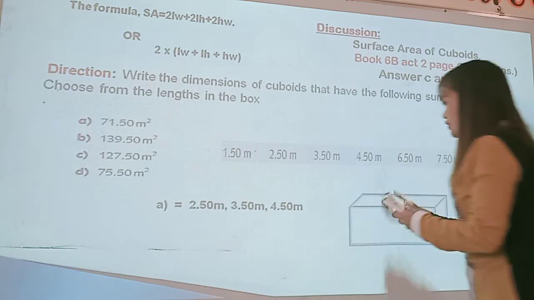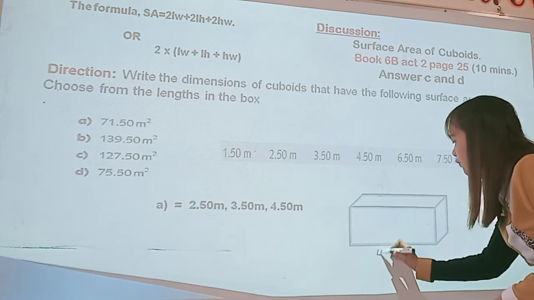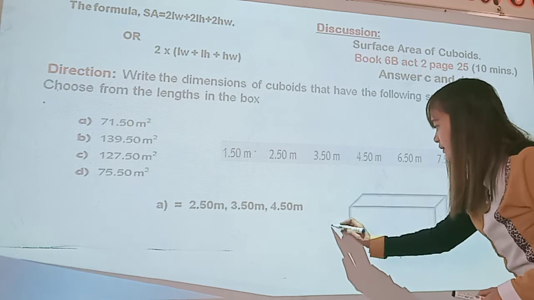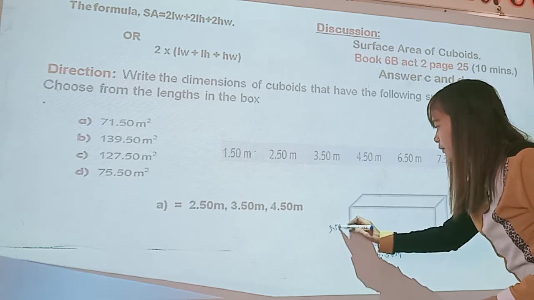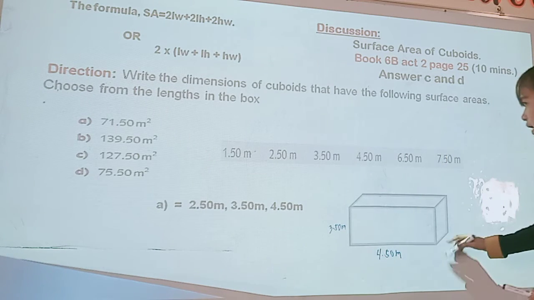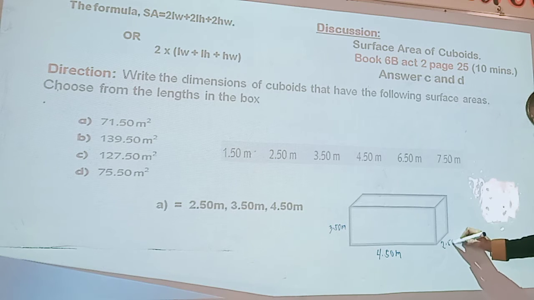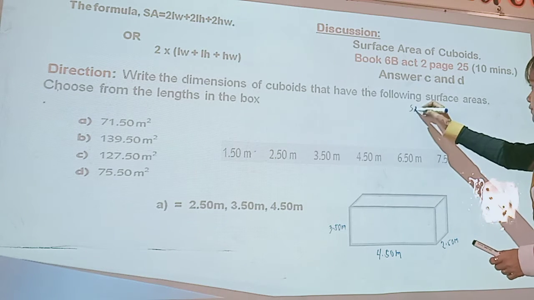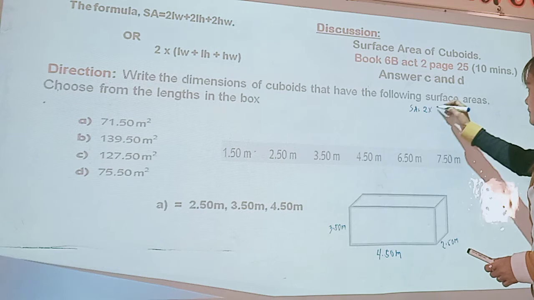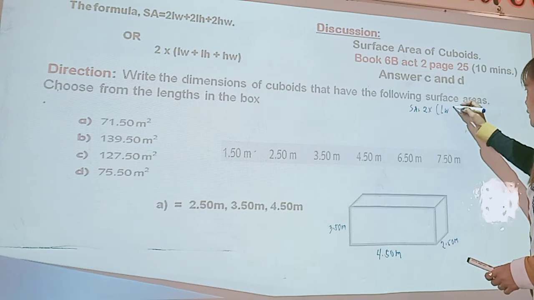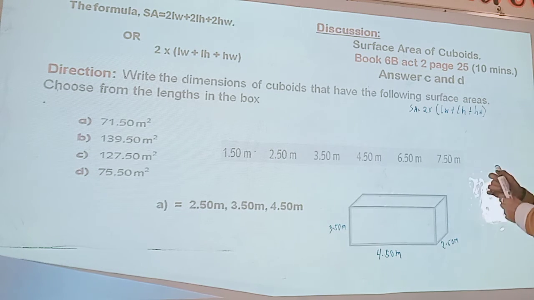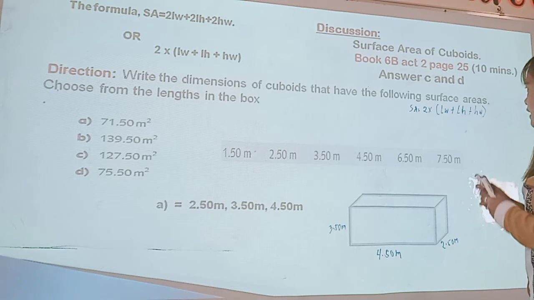Assuming that our length is 4.5 meter, our height is 3.50 meter, and the width we have is 2.50 meter. By applying the formula for surface area, we have 2 times the length times width plus length times height plus height times the width. Let us substitute now.